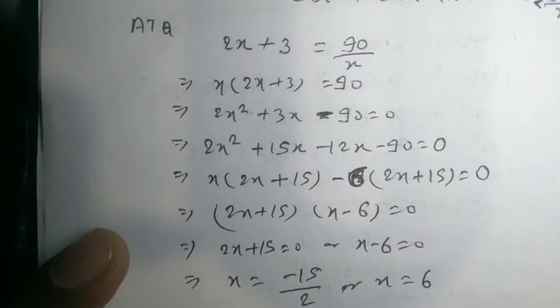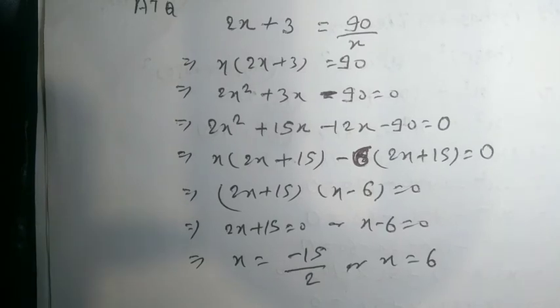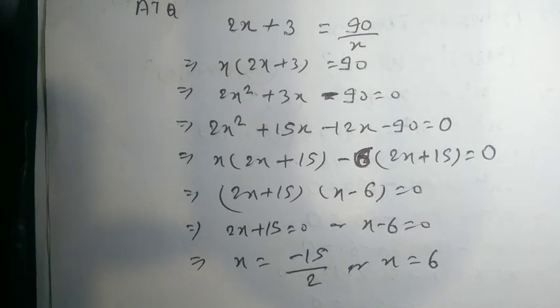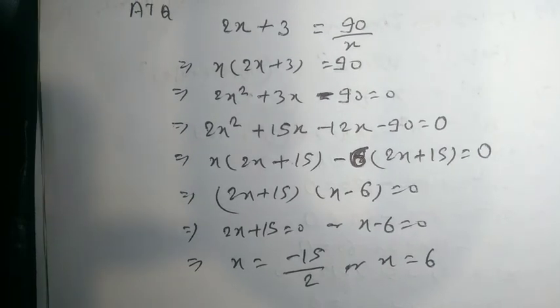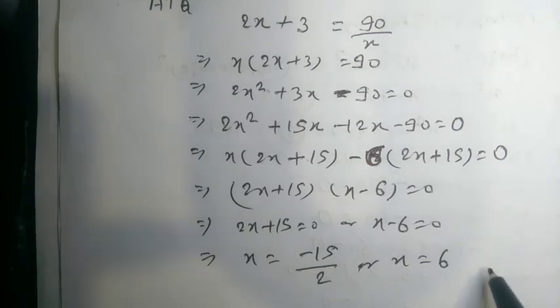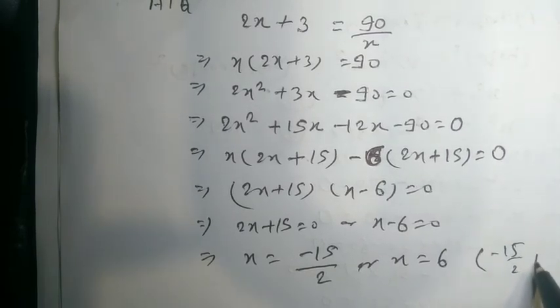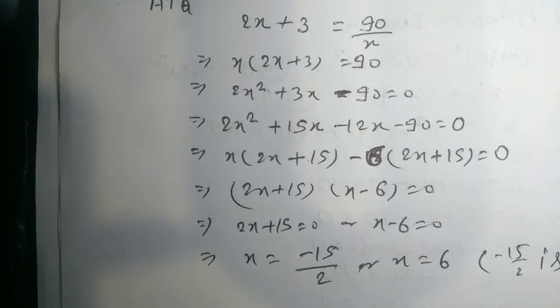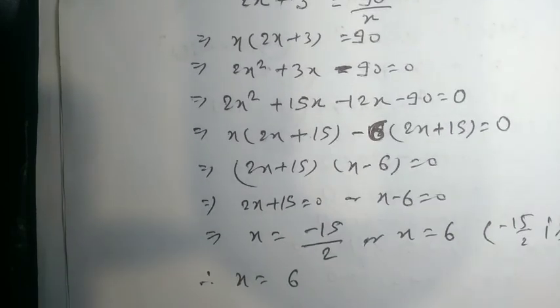Minus 15 by 2 is rejected because a number of article is not in a fraction form. Minus 15 by 2 is rejected. Therefore x is equal to 6.